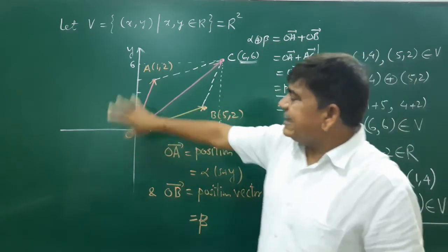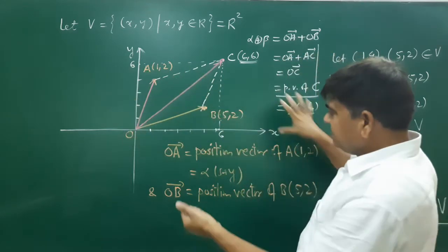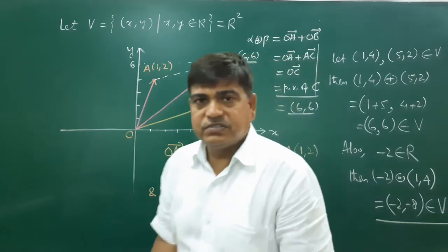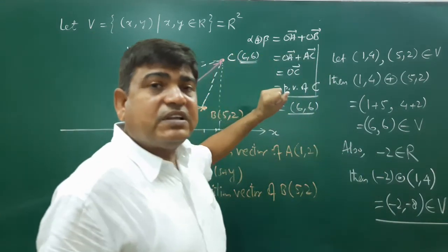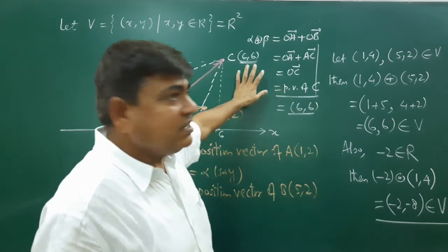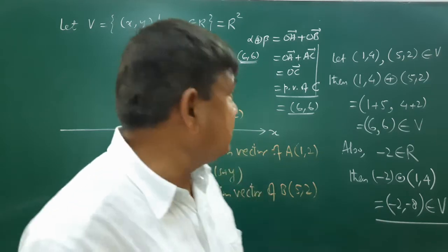You can consider any point, or any 2 or 3 points, then you can think about it. It is also true in 3-dimensional, it is also true in n-dimensional, it is true in 2-dimensional and 1-dimensional also. I will consider that also.